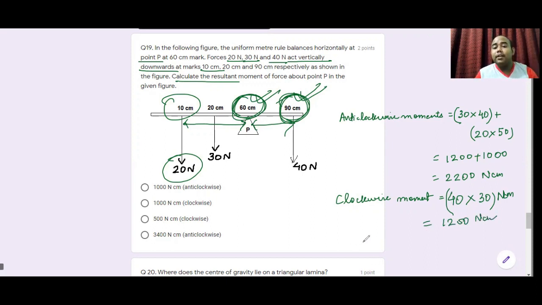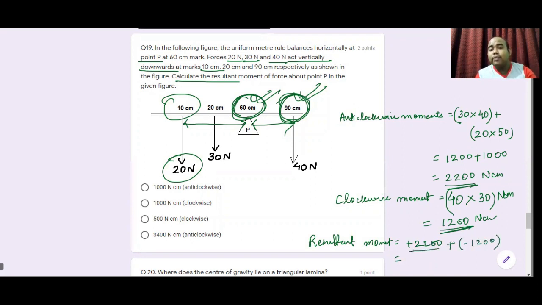अब मैंने बताया था क्लॉकवाइज मोमेंट को हमेशा नेगेटिव लिया जाता है, so you take this minus sign over here. Keep this minus sign in your mind, because when we will find the resultant moment, वहां मैं एल्जेब्रिकली ऐड करूंगा. तो 2200 तो हमारा एंटी क्लॉकवाइज है, इसलिए वो प्लस होगा, so plus 2200, उसके साथ किसको ऐड करेंगे, ये 1200 को विद द नेगेटिव साइन, because it is clockwise.